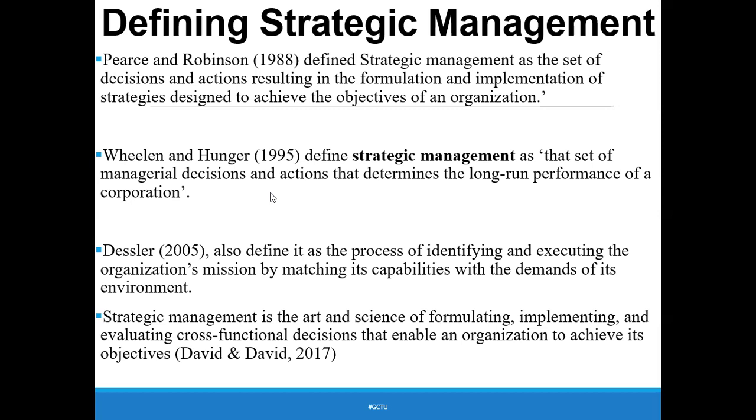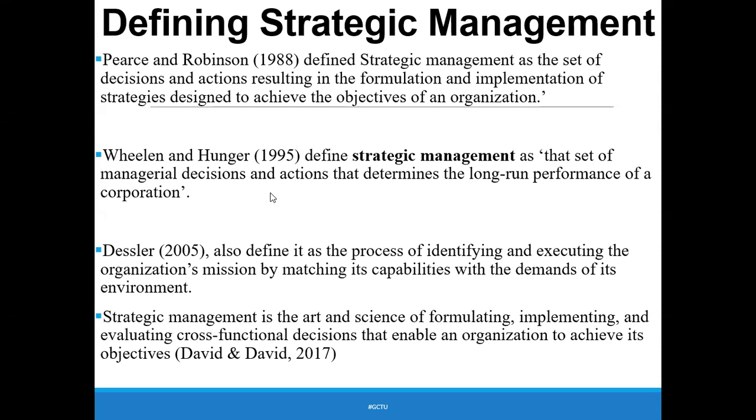Now, Wheelen and Hunger also provide an alternative explanation for what strategic management is composed of. And they indicate that it is a set of managerial decisions and actions that determine the long-run performance of a corporation.